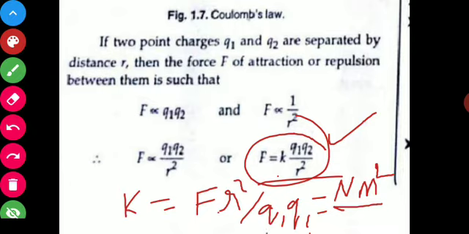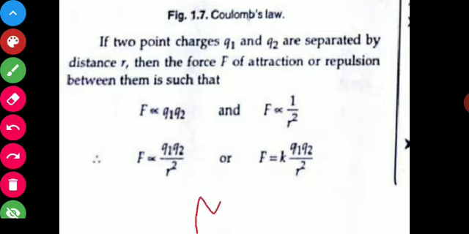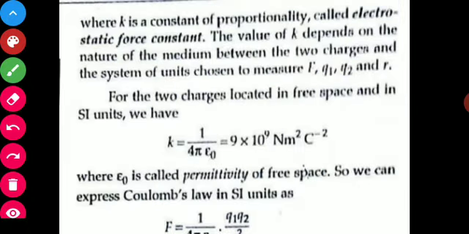In the denominator we have Q1 Q2. What is the unit of charge? The unit of charge is coulomb, so it will be coulomb square. So the final unit will be Newton meter square coulomb inverse square. Likewise we can find out the units of K.